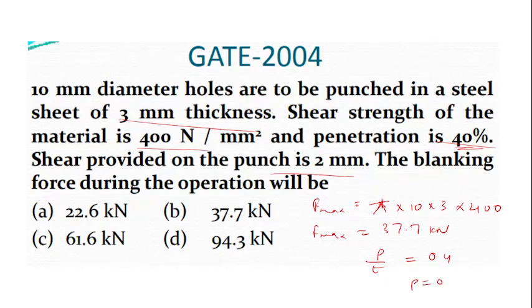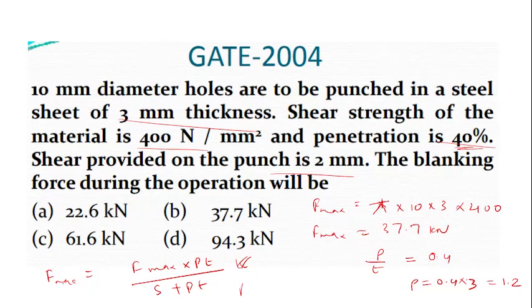So your p will be 0.4 multiplied by 3, that is 1.2. Now what is the formula? The formula is F max into p t divided by s plus p t. Now put all the values in this formula.